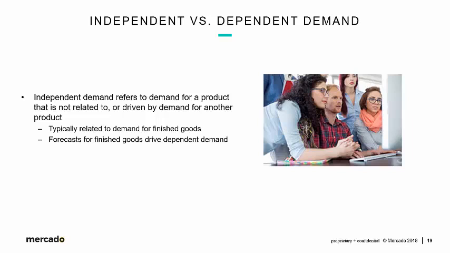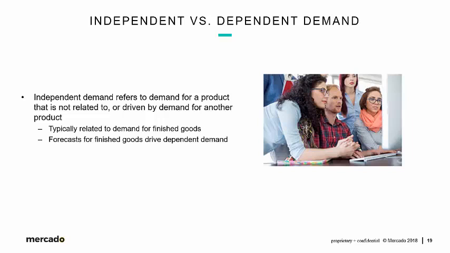That demand is driven by our customers, and they are certainly independent of our organization. They can make their purchasing decisions based on a number of criteria. We have to influence and align with that criteria, but in the end, the demand for finished goods is external to the organization. When we forecast, we want to be forecasting for finished goods for independent demand.